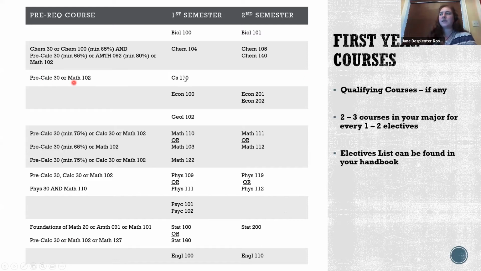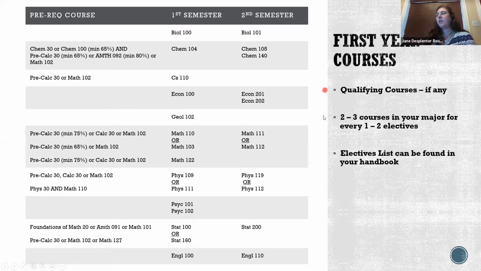And in that case, it is your responsibility to make sure that you take any missing courses within your first 45 credit hours. So within your first year and a half, you have to get that course out of the way. So if you have any qualifying courses or courses that you need to take to meet a qualifying requirement, you absolutely want to take that course sooner rather than later. So try to put that high on your priority list.